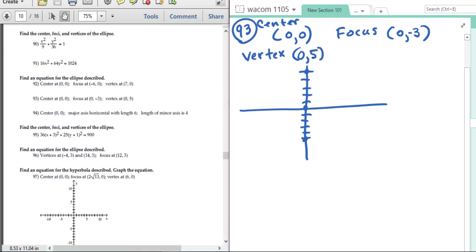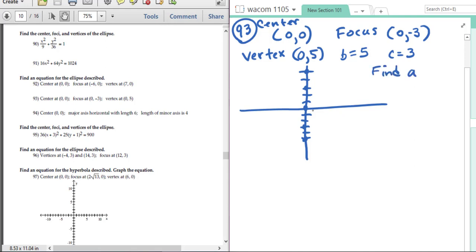This vertical distance is your b, so b equals 5. Your focus is going to be on that same axis. So (0, -3), 1, 2, 3, and up 3. So c is 3. What you don't know is the a.